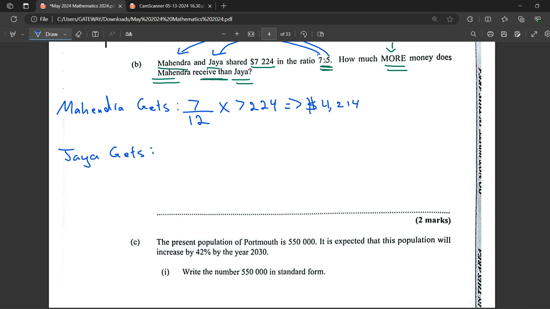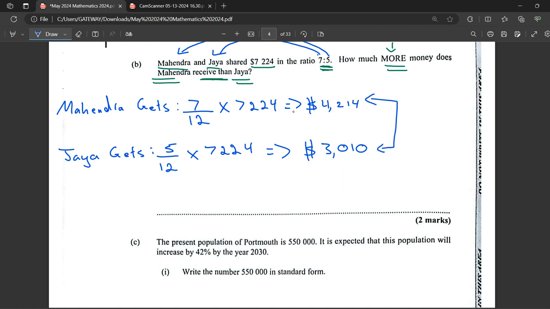Her value from the ratio here is 5 out of the total amount, which is 12, multiplied by the total amount of money shared, which is 7,224. This will be equal to 3,010 dollars.